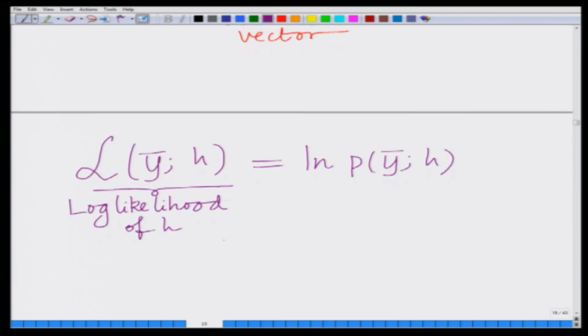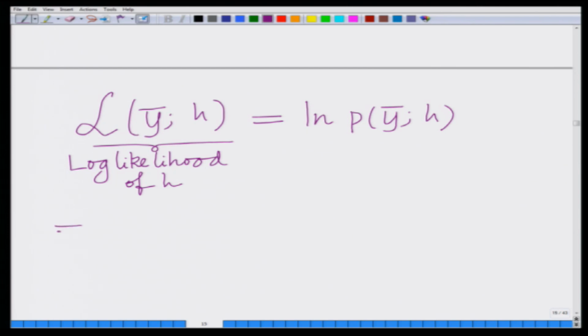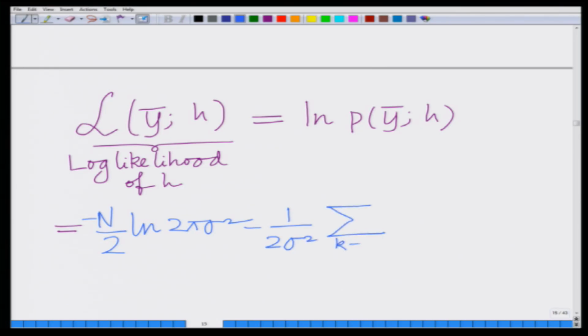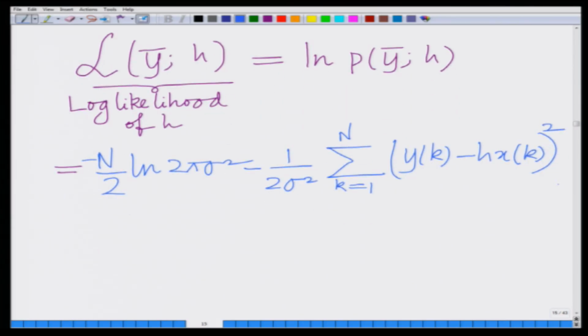When you take the logarithm, you can simplify this and write it as minus n over 2 times the natural logarithm of 2 pi sigma square minus 1 over 2 sigma square summation k equals 1 to n yk minus hxk whole square.